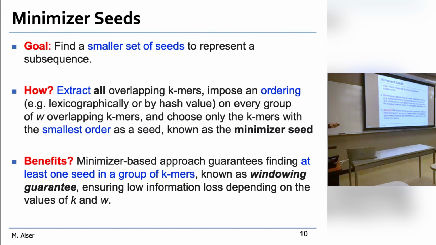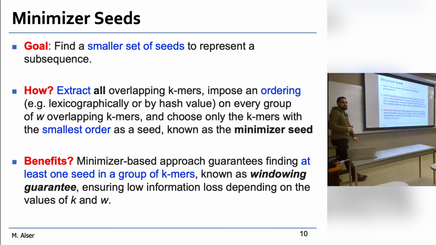Now, what kind of benefits we will get? As I told you, you try to filter something and use a smaller subset out of it. Now, the minimizer-based approach guarantees finding at least one seed in a group of W k-mers, known as the windowing guarantee.